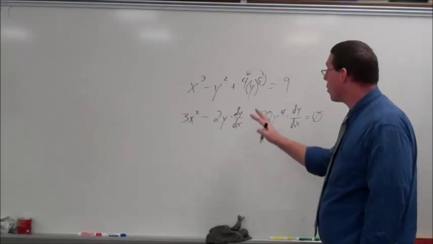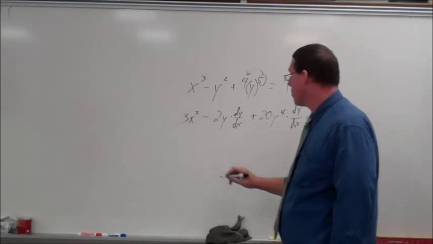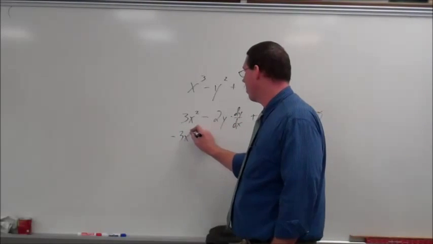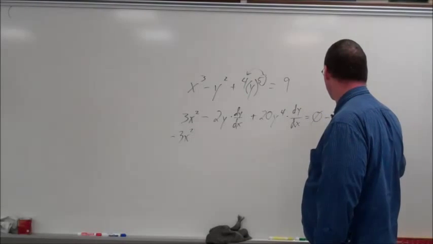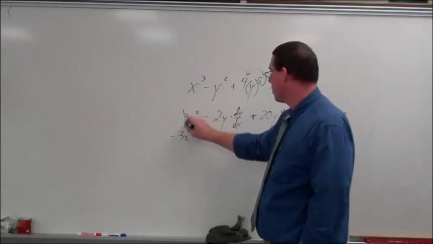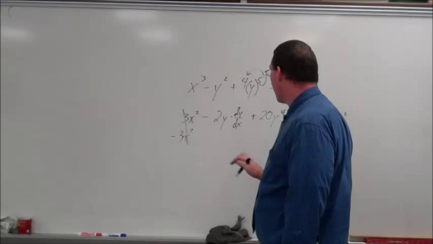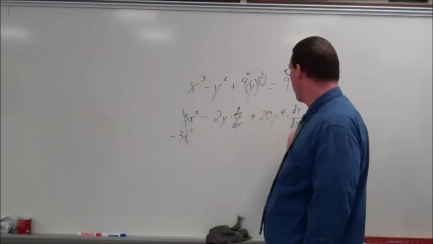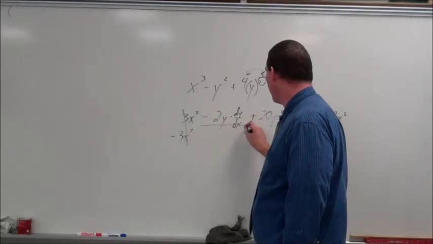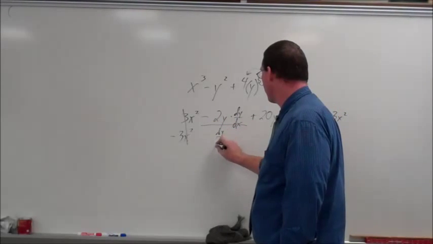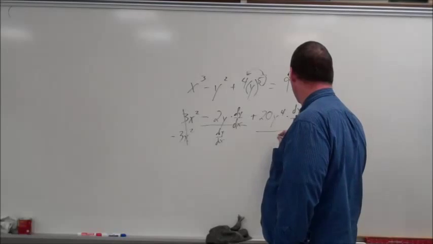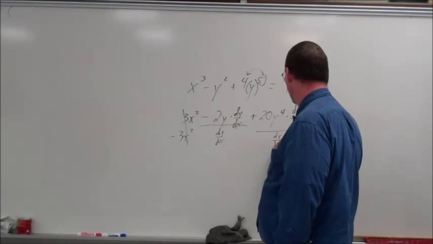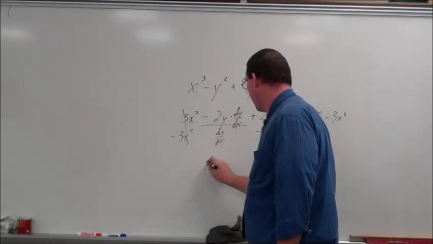And now we want to solve for dy dx. So we would subtract 3x squared from both sides. Subtract 3x squared. That's going to cancel here. Simultaneously, I want to factor out a dy dx. I'm going to divide this by dy dx and divide this by dy dx and put the dy dx on the outside.